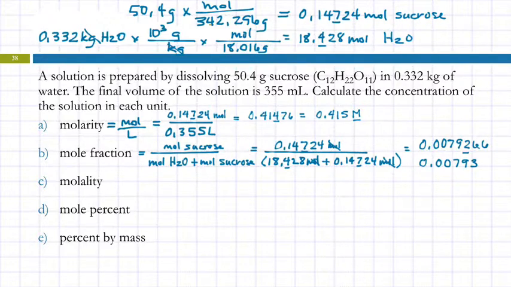What does molality mean? It's solute over solvent. Moles of solute, well, let's use, since we're, moles of sucrose per how much water? Kilogram. Do you know how much a liter of water weighs?